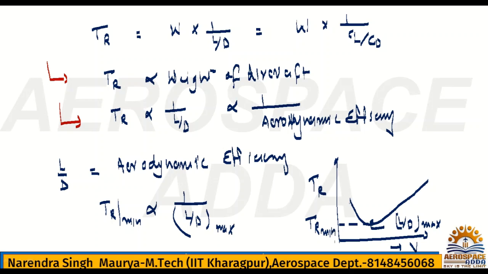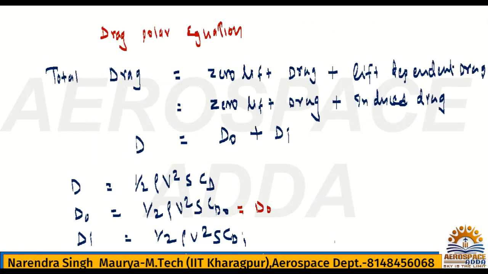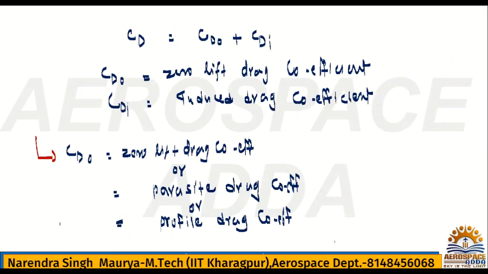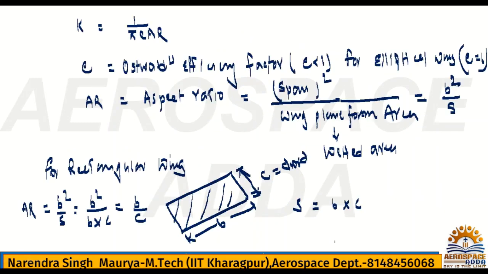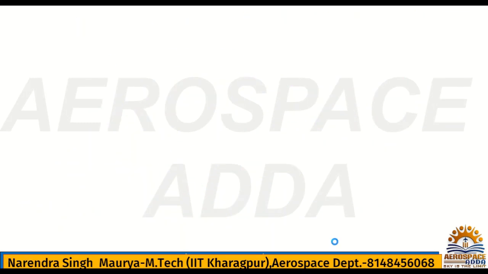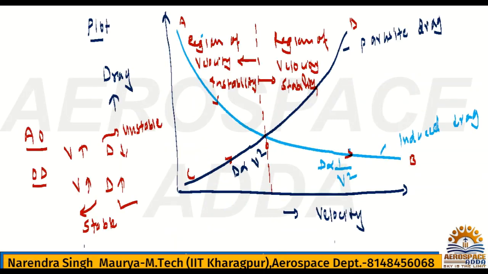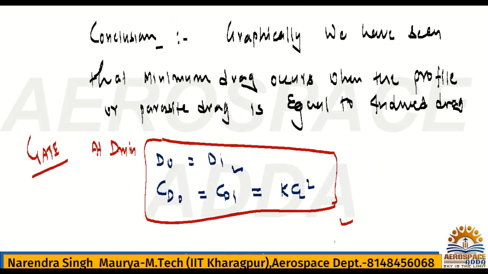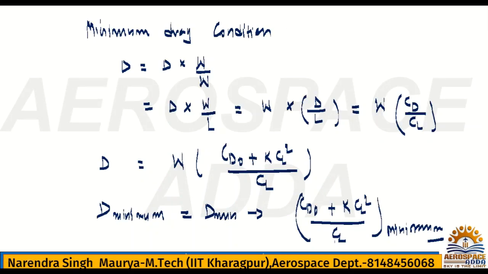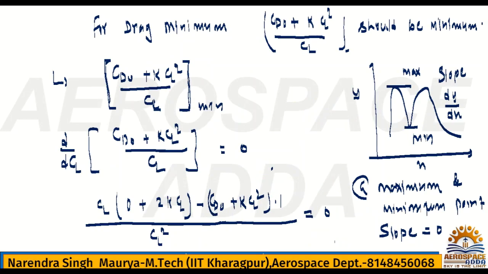Like thrust required, you have seen the dependency of thrust required on the weight of the aircraft, and the drag polar equation. All the explanation I have given whatever was possible in a shorter period of time. And this is the graphical representation of the minimum drag. The conclusion and condition are also available for the minimum drag, and we also have the mathematical analytical way.